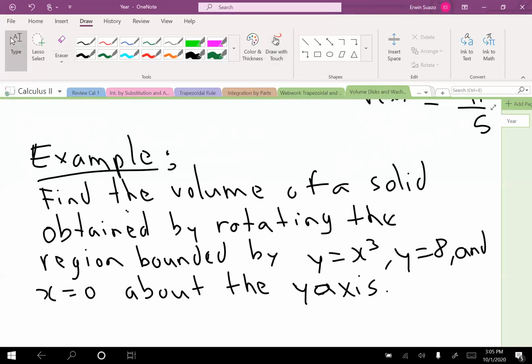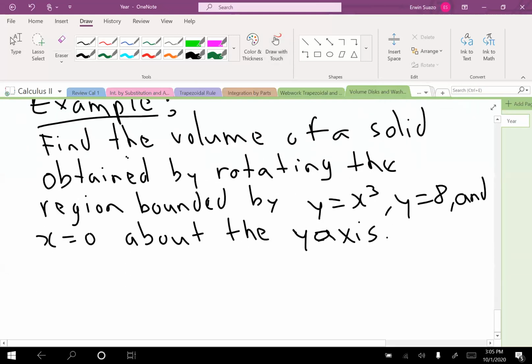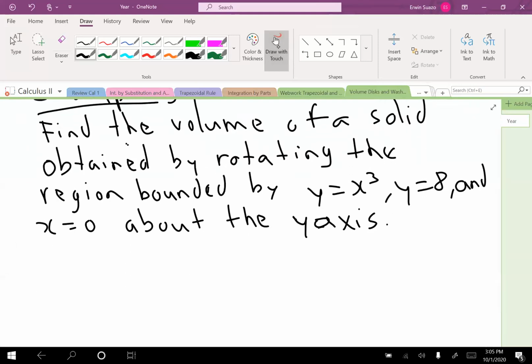Okay, so let's see what is the meaning of this. We rotate regions. So what is that? We just graph it. The region is bounded by y equals x cubed. So x cubed is something like this, right?